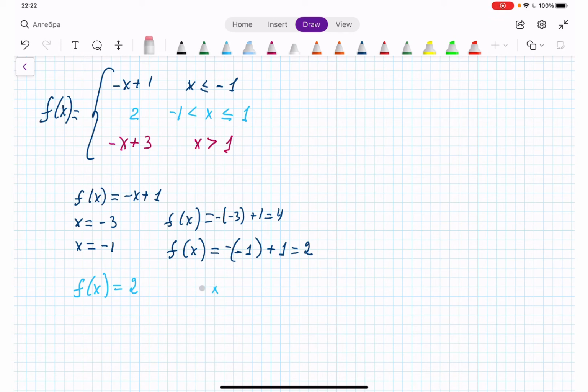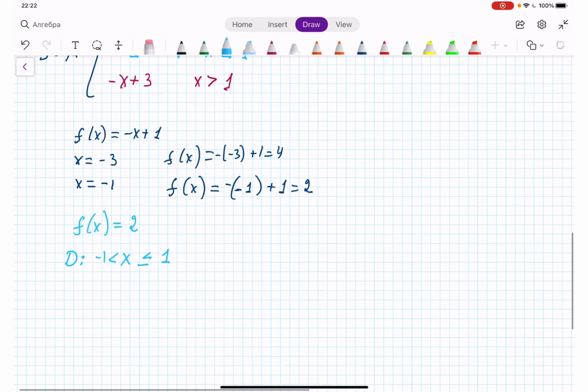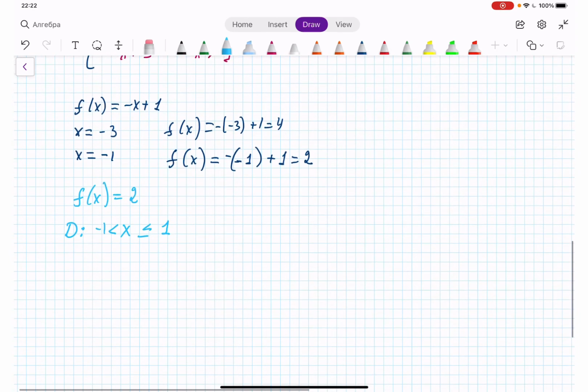Let me write down domain. Domain is going to be a limited area. That's why it's a piecewise. It's not the whole graph, but just a piece. A piece from here, a piece from here. Here we have 3 pieces of graph.